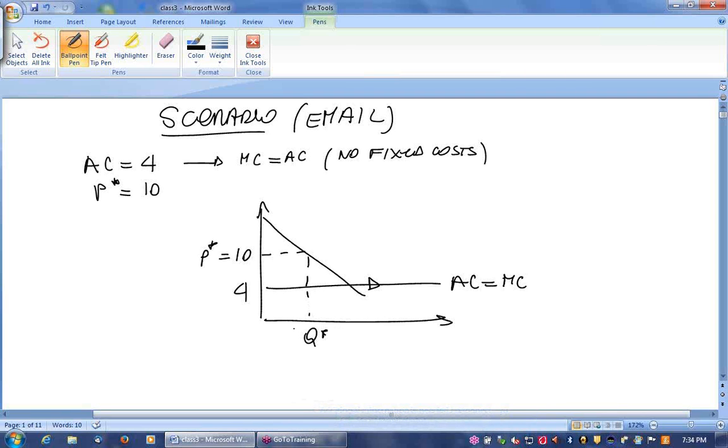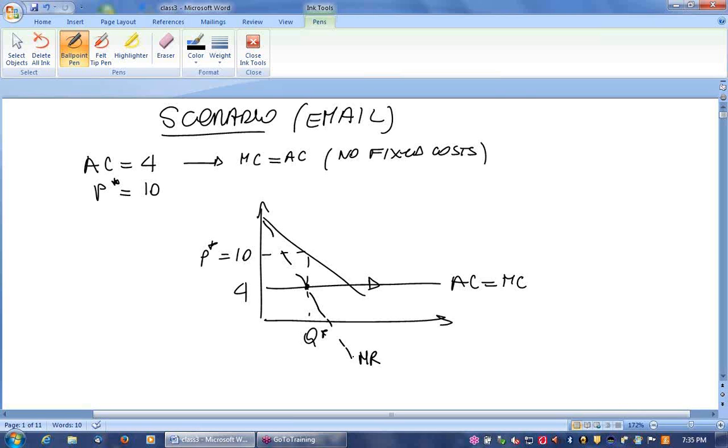Again, since it's a problem for the monopolies, the maximization problem says that the marginal revenue and the marginal cost must cross here at this point. So we know that this is our marginal revenue.